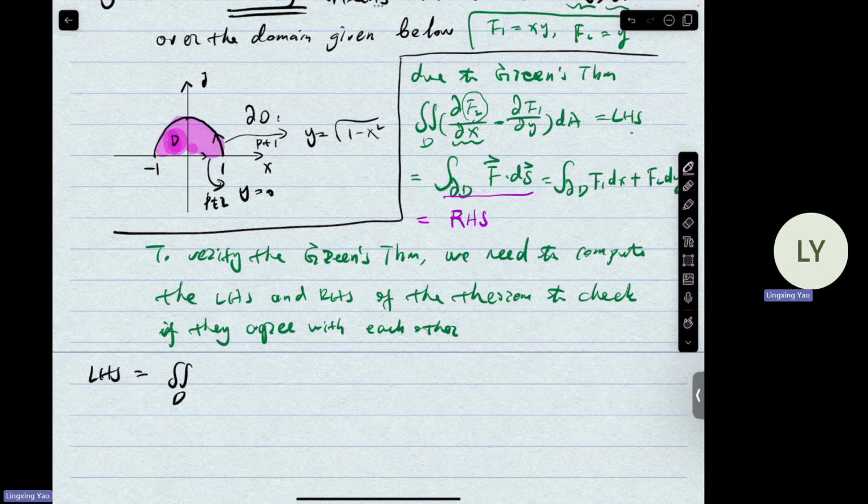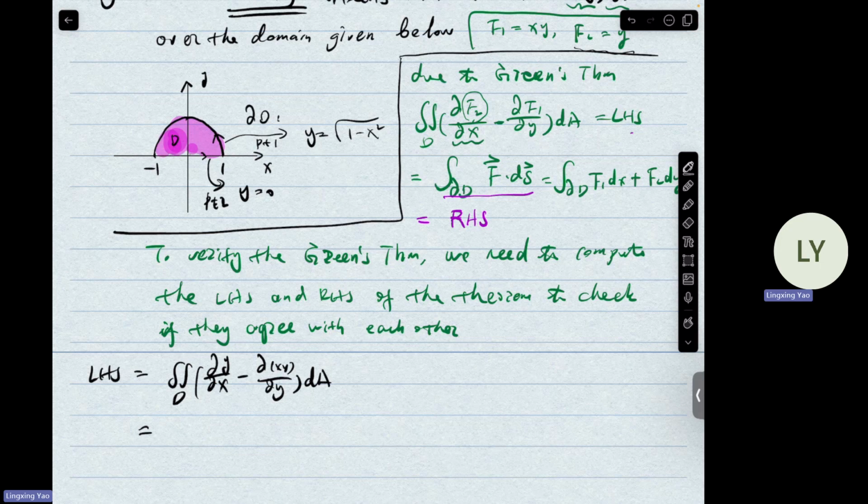On the left-hand side, we have a double integral of partial F2 partial x, and F2 is just y, minus partial F1, which is x times y, with the derivative taken with respect to y, and then dA. Okay, this is what we have. There's one thing we didn't prepare well yet, which is how to describe this domain D. The domain D is the half disk.